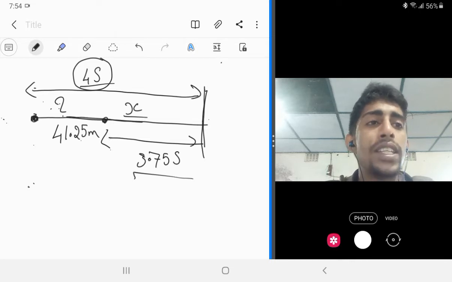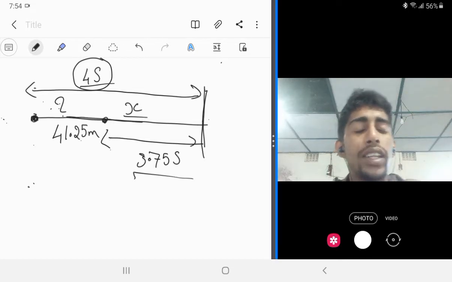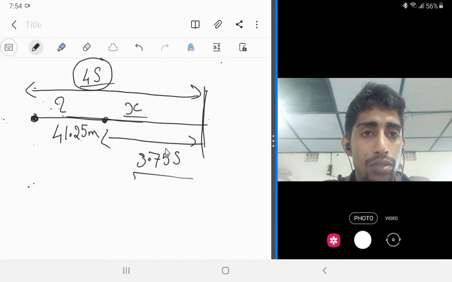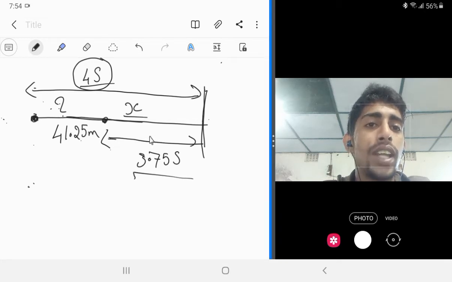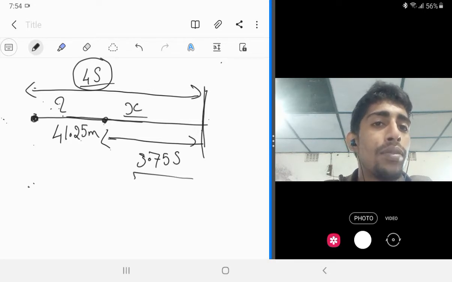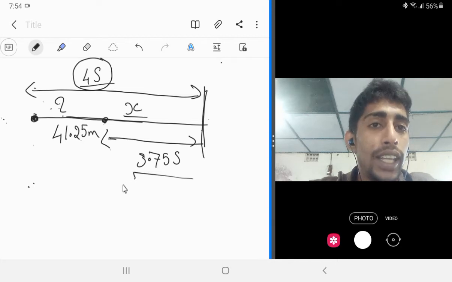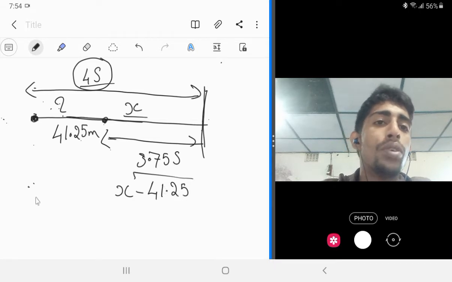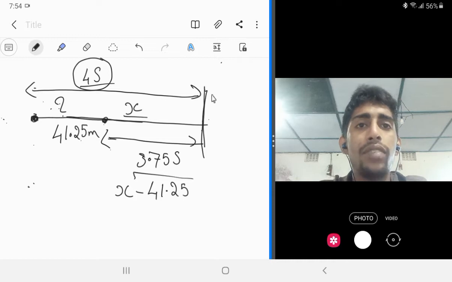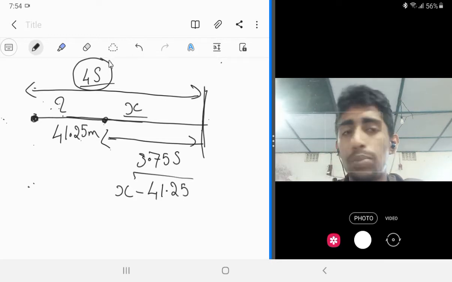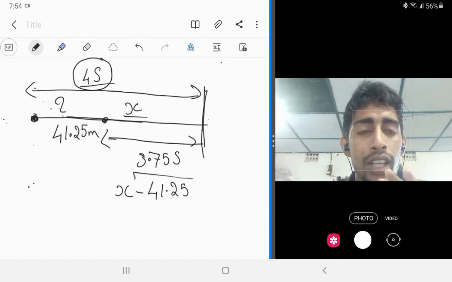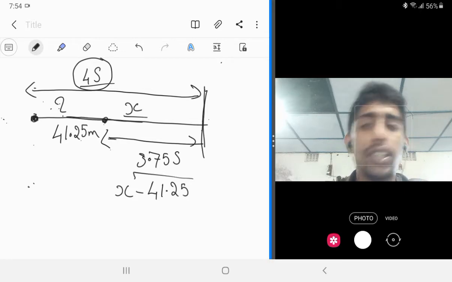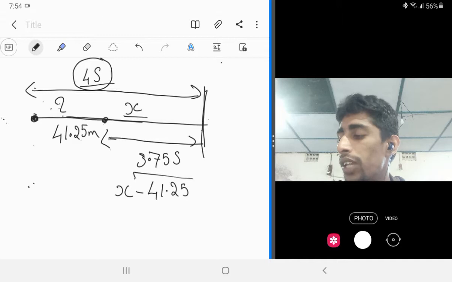Then the distance between the final position and the cliff would be x minus 41.25. I hope you understood this much. You just draw this diagram on your copy, then come to the problem part.